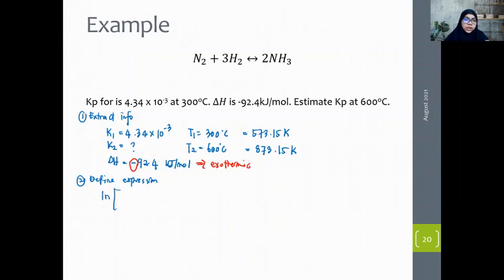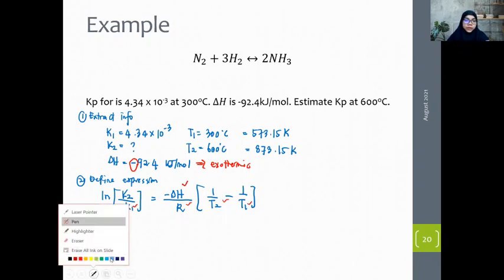So ln K2 over K1 equal to minus delta H over R, and then 1 over T2 minus 1 over T1. So we already defined this, and then the third step is solve. To solve this problem, we should define what is the unknown variable. So delta H is given, it is a constant value, T2, T1 are given, as well as K1. So we can solve this problem.